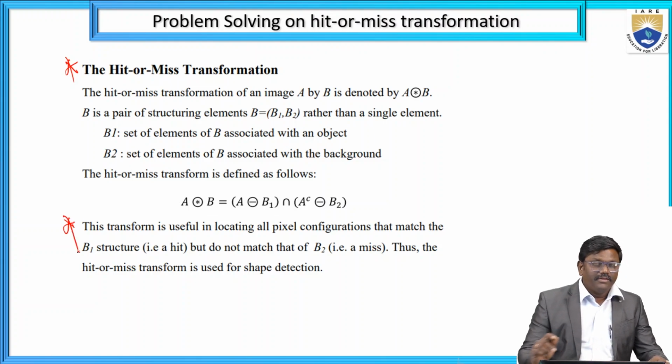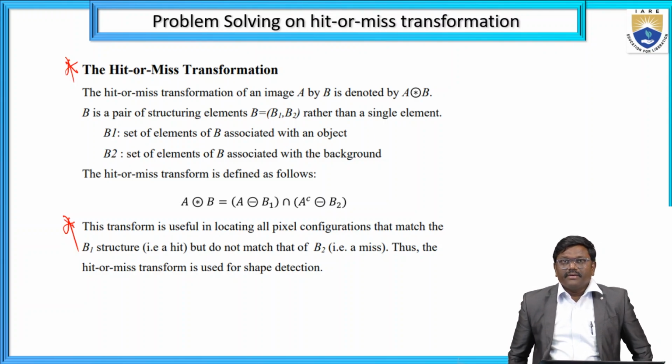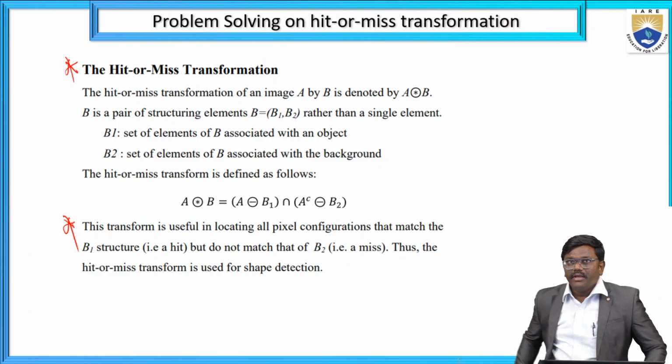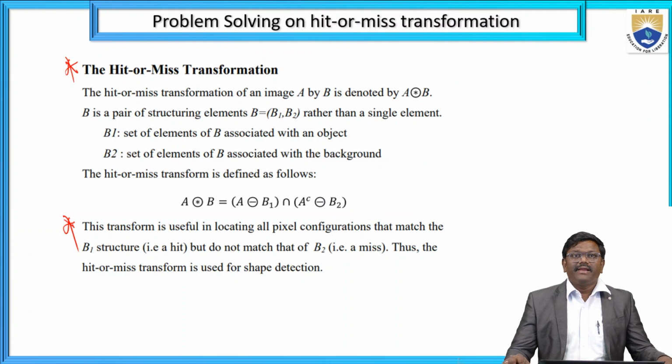You can see the hit and miss operation of an image A by B is denoted by A ⊛ B, what we call a hit and miss operation, where we are applying a structuring element with foreground and background elements. B is a pair of structuring elements, B equals B1 comma B2, rather than a single element.